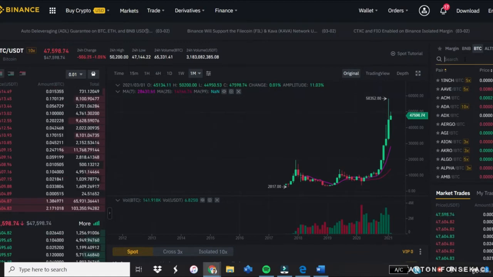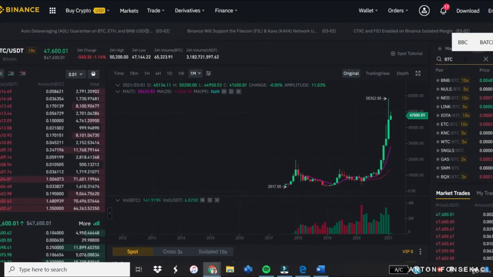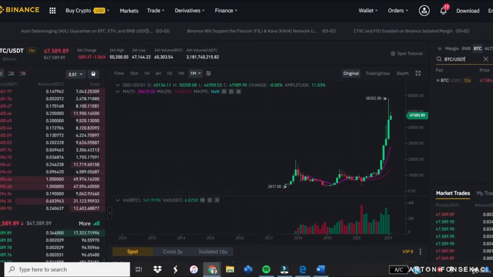Also, you can simply type BTC in the search bar on the top right corner, BTC slash USDT. Always keep in mind to check your cryptocurrency in terms of USDT, that is easy, because we are always comparing with the dollar value, right?